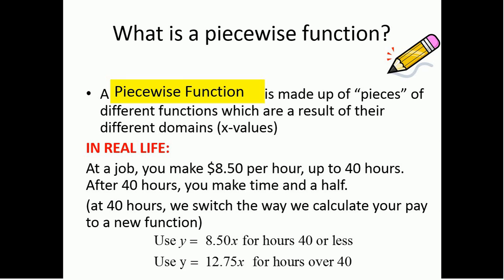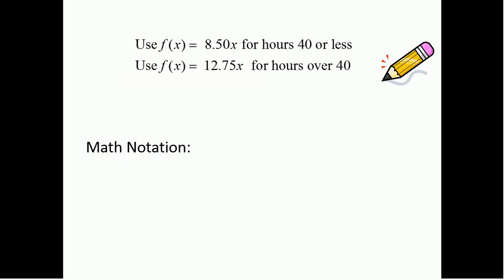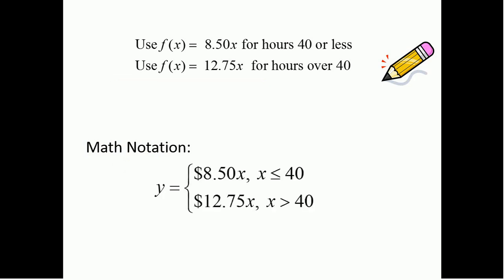So basically they're not all just straight lines. They're going to look like two straight lines that come together that actually are put together. So, math notation for this would look something like this. So y equals 8.50x, which is x is less than or equal to 40 because we said 40 hours or less, and 12.75x is greater than 40.